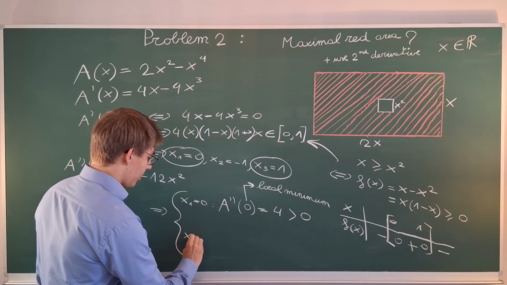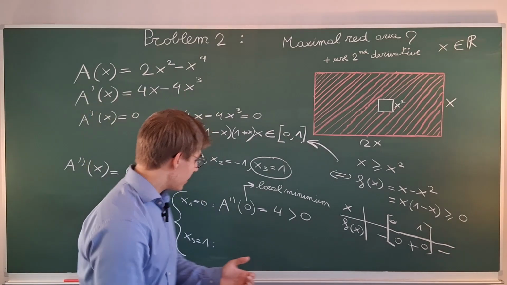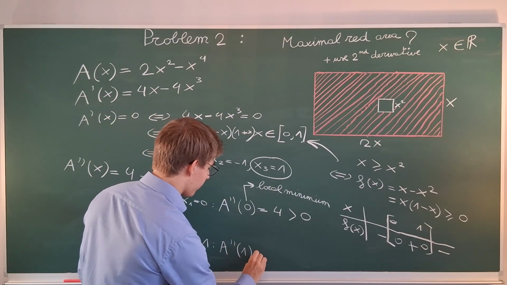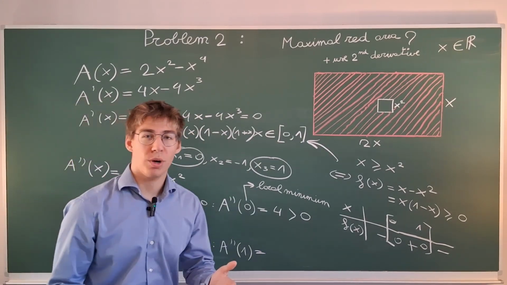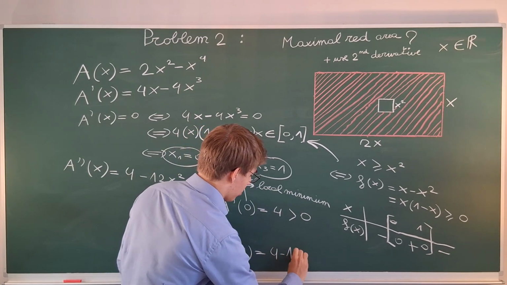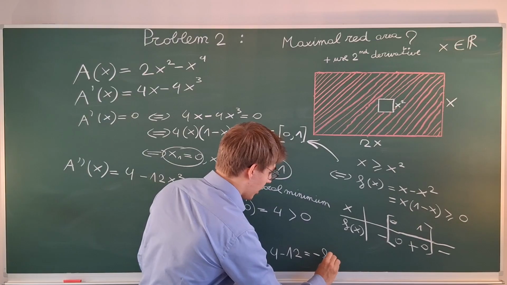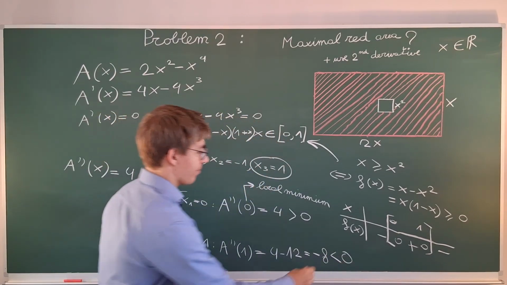Now for x3 is equal to 1, we find that the second derivative of 1 is equal to 4 minus 12, which is minus 8, and that is smaller than 0.